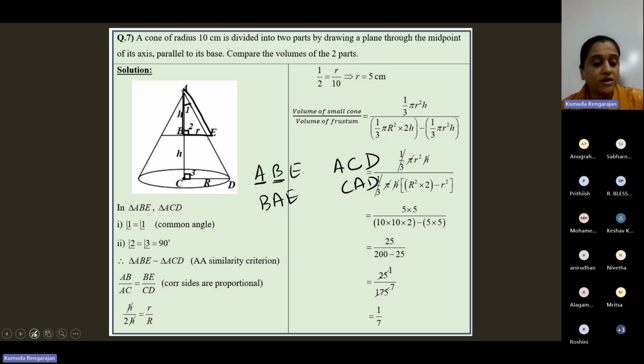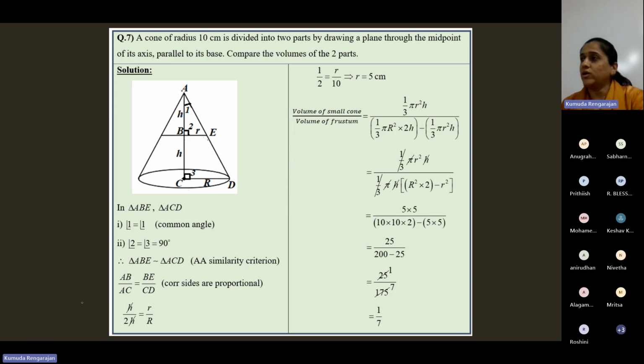So the order in which you name the two triangles is very important. I'll come again. Supposing you call the small triangle BAE. In the small triangle, B is 90 degrees. So in the big triangle, C is 90 degrees. In the small triangle, A is the common angle.